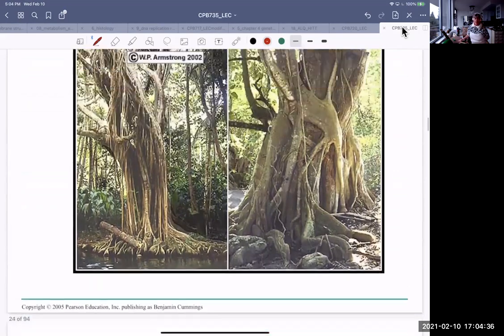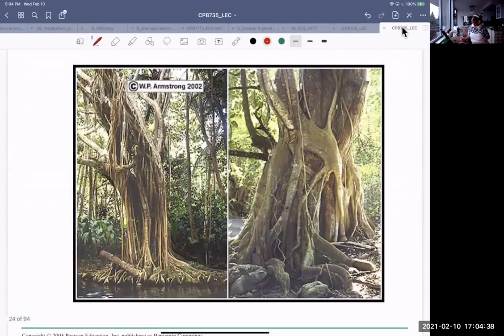I think when I was making this lecture, I was a little obsessed with roots. Here's more roots. These are strangling roots, but they have to reach the ground at some point in order to absorb nutrients. There's another strangler.